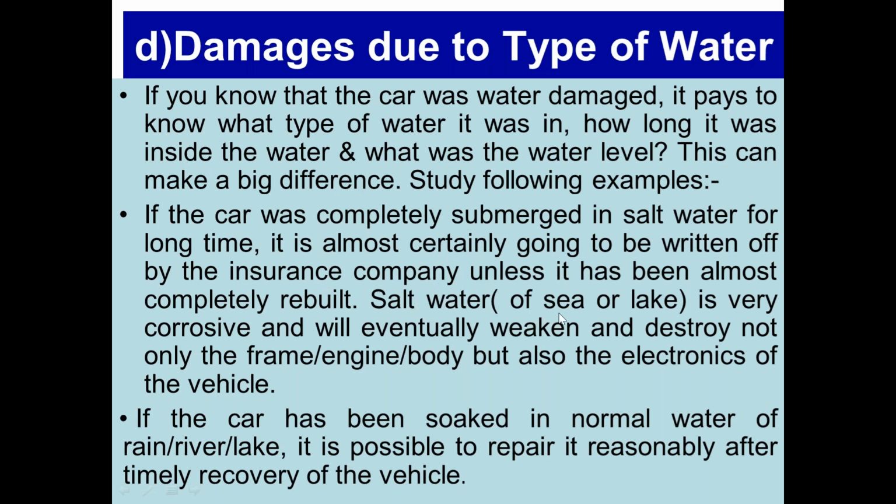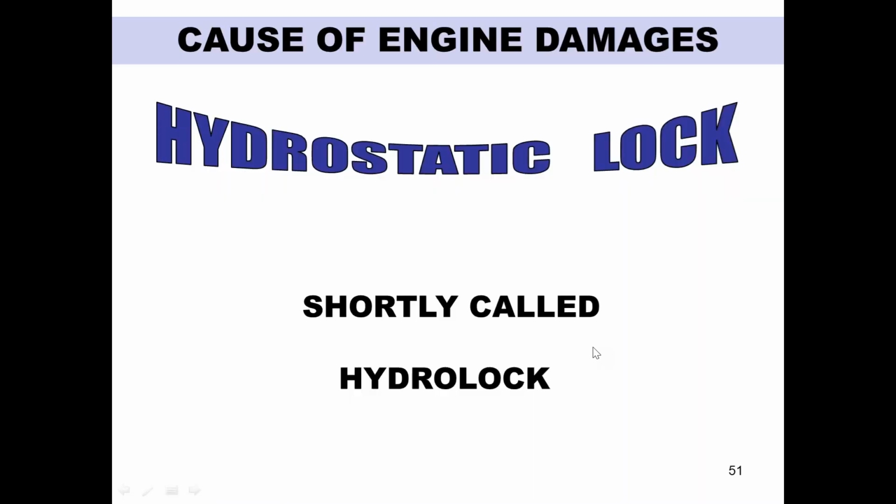Salt water of sea or lake is very corrosive and will eventually weaken and destroy not only the frame, engine, and body, but also the electronics of the vehicle. If the car has been soaked in normal water of river, rain, or lake, it is possible to repair it reasonably after timely recovery of the vehicle.